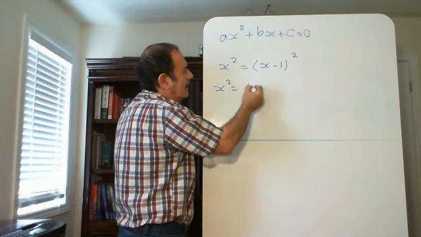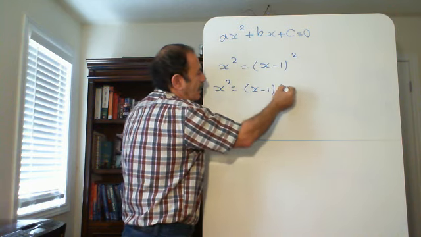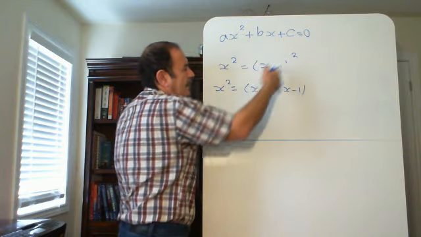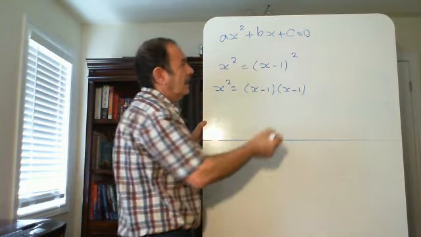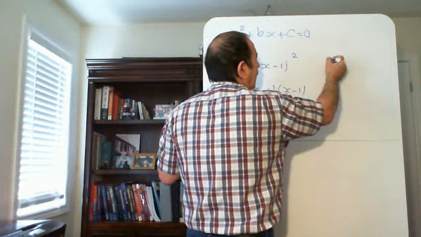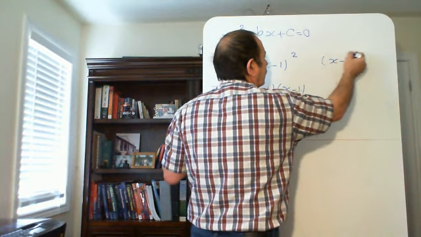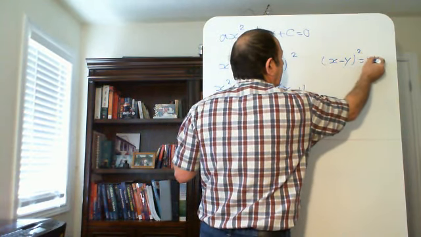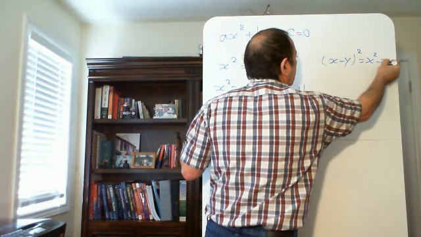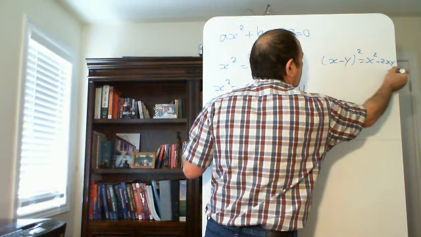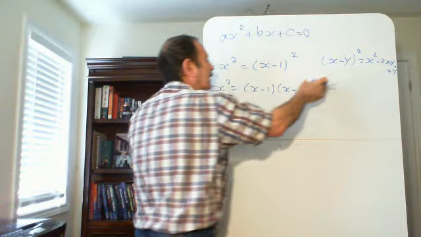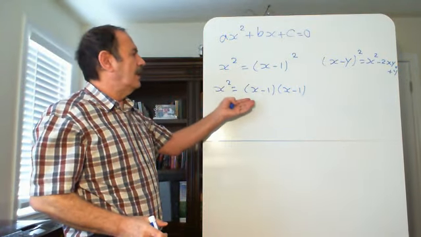I can write it as x minus 1 times x minus 1 because this one is to the power of 2. Or I can use this formula, x minus y to the power of 2 is equal to x squared minus 2xy plus y squared. If I remember this formula, it's going to be faster and easier.